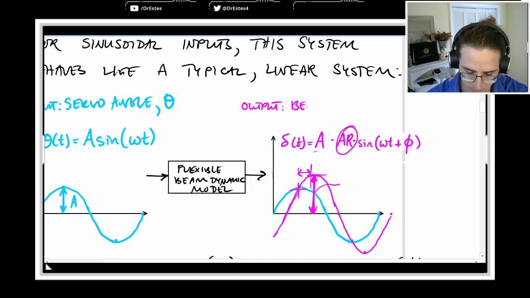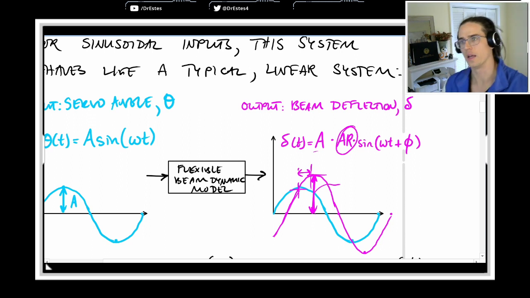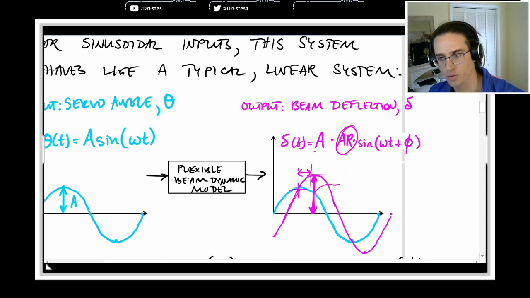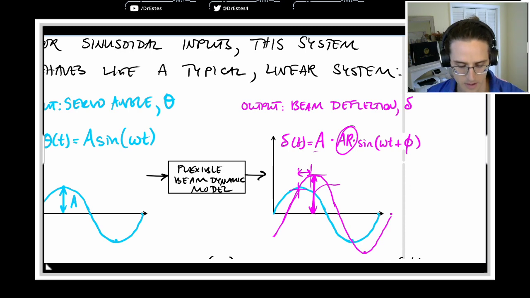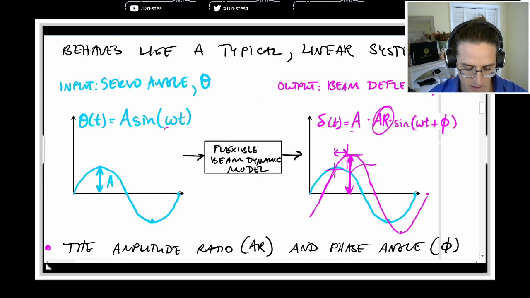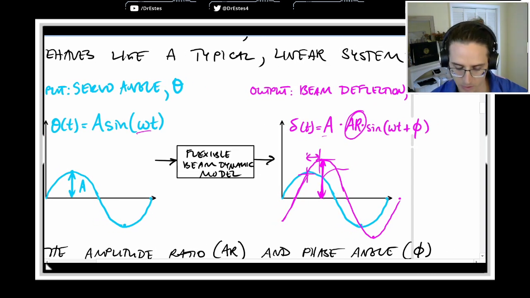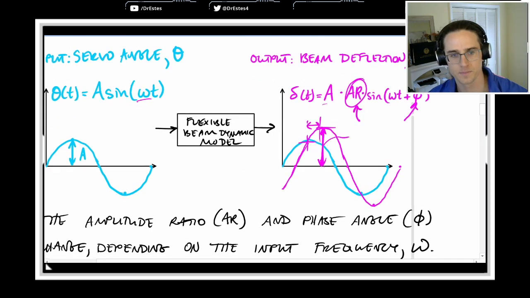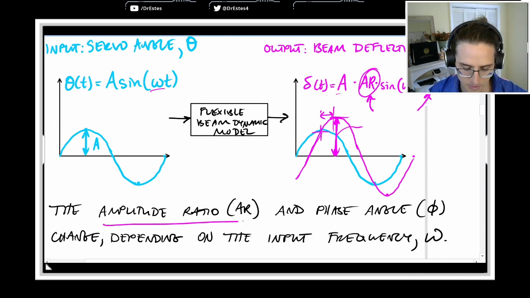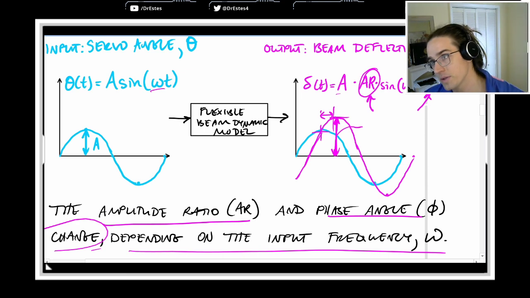So this is what the beam deflection is going to be doing. And what we do in assignment 2 is we test a bunch of different frequencies of inputs, and for each frequency we figure out what that amplitude ratio is and what that phase angle is. So what's important here is that the amplitude ratio and the phase angle change depending on the input frequency.